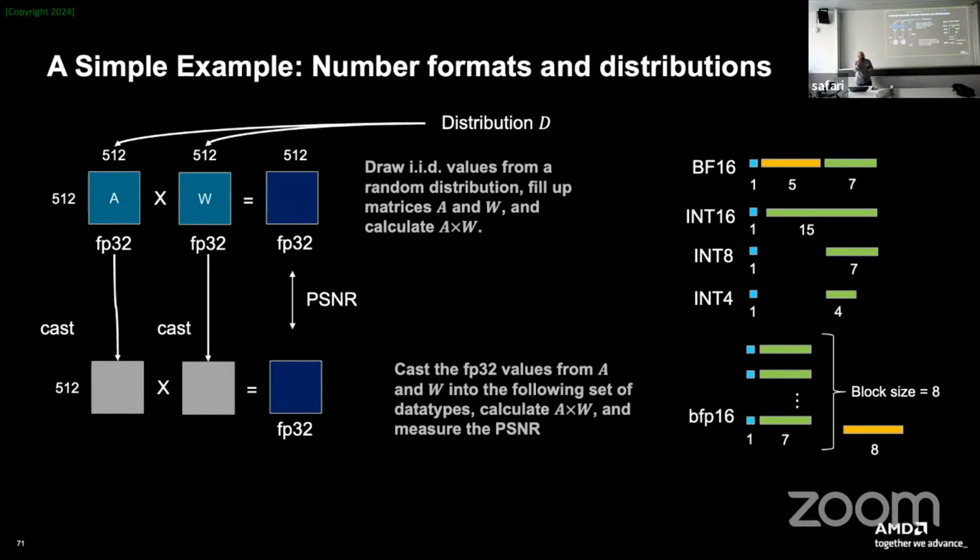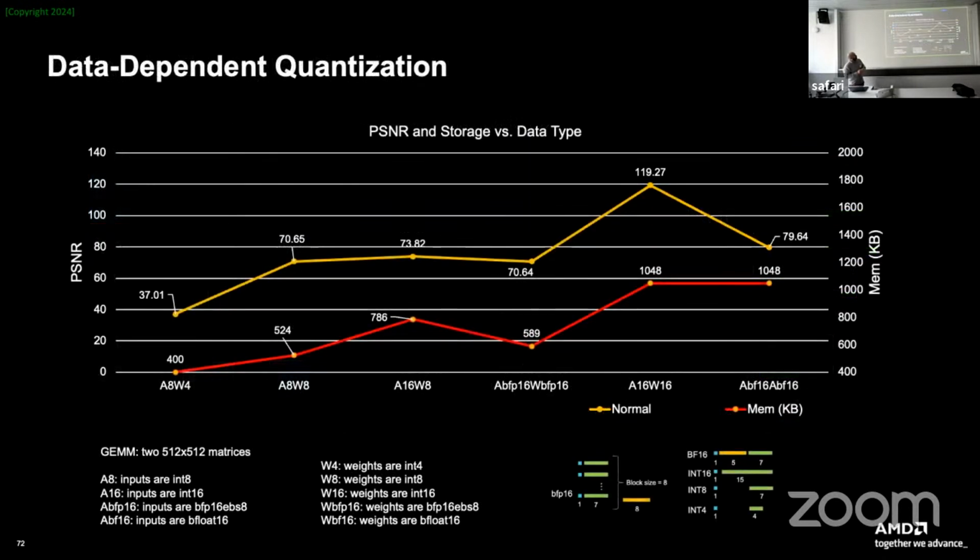So I want to show you what's going to happen if I play with that exponent, sharing that exponent in BF16 versus BFP16 versus not having the exponent in int8 or int16. Here, the yellow line shows my PSNR if my distribution is a normal distribution.